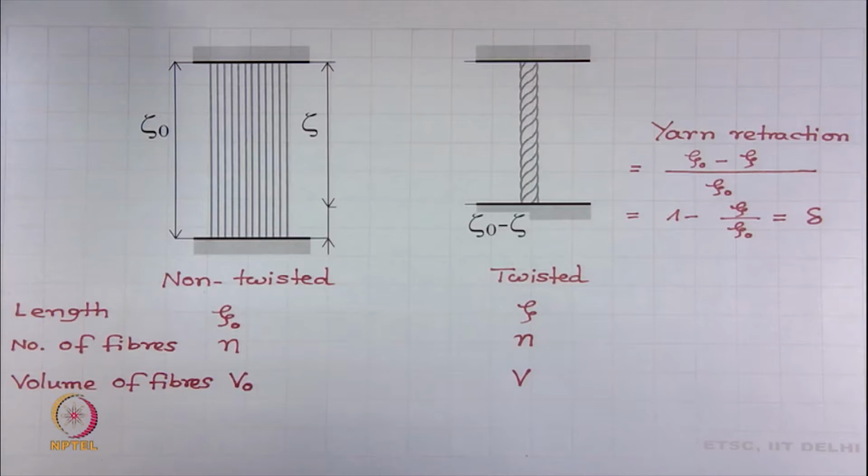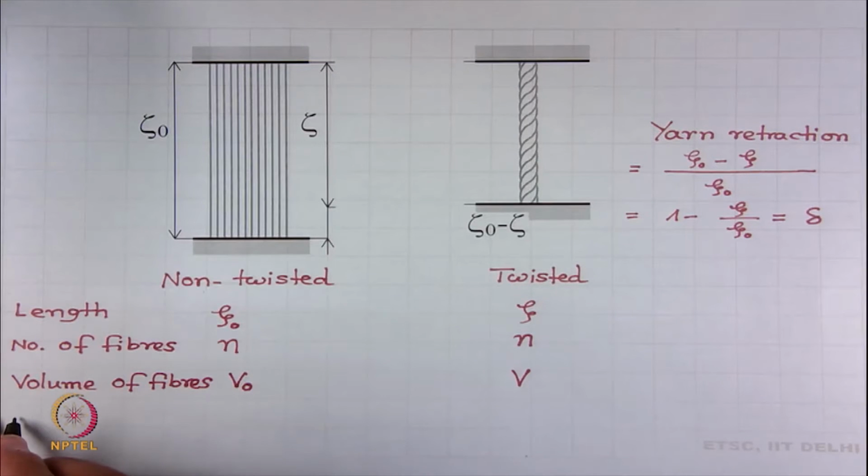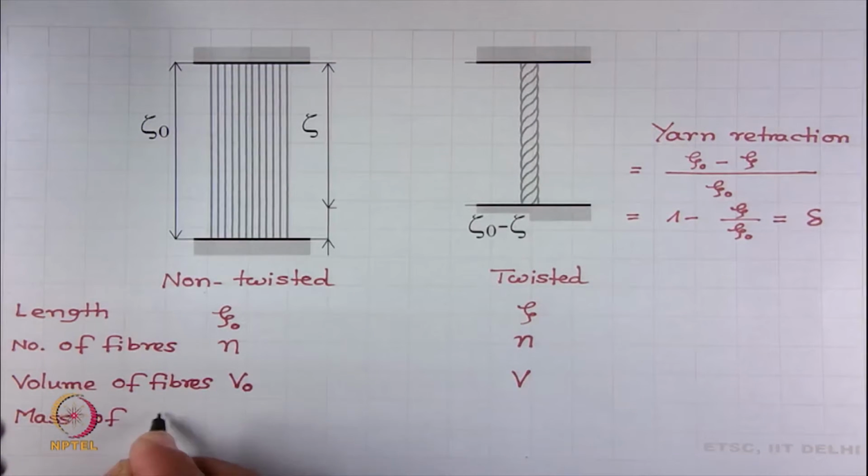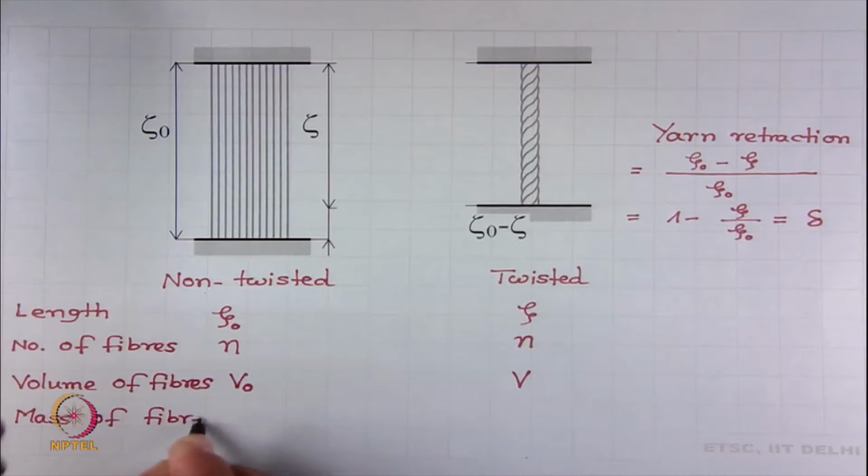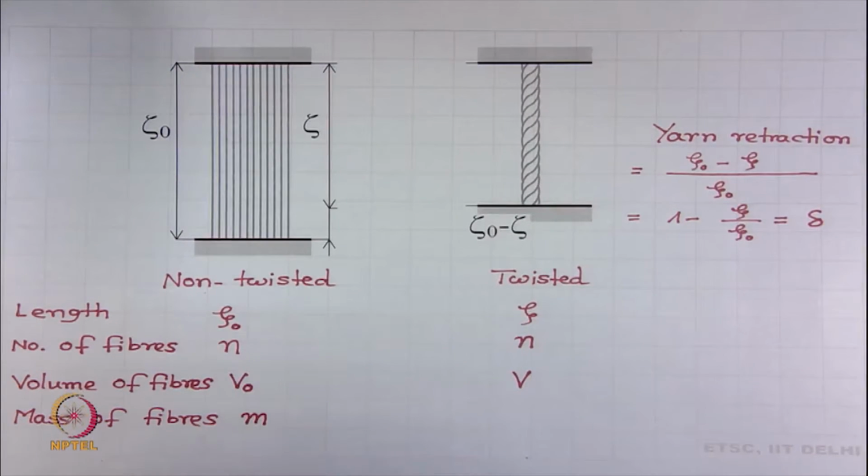V, right. Then the mass of fibers: suppose initially the fiber mass in the non twisted bundle was m, this will remain the same in the twisted bundle.